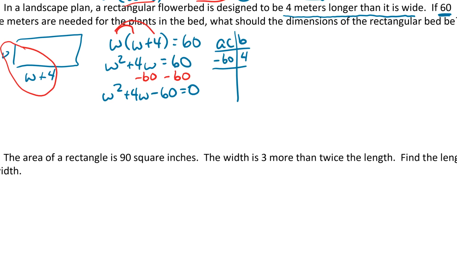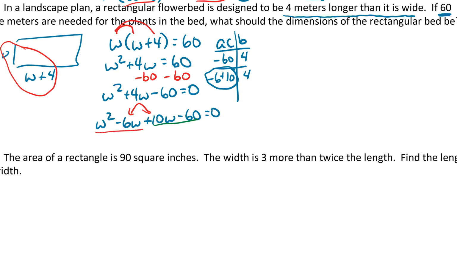So we need two numbers that multiply to negative 60 and add to 4. So it's going to be negative 6 and positive 10. So we go ahead and split B with that. So we got W squared minus 6W plus 10W minus 60 equals 0.